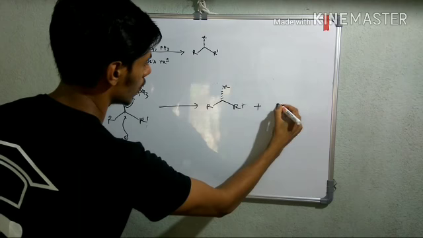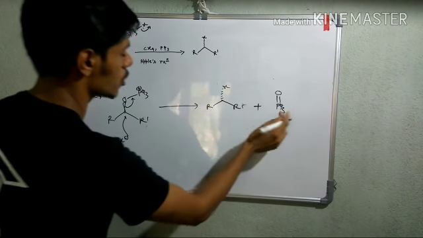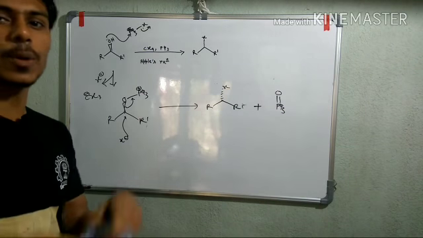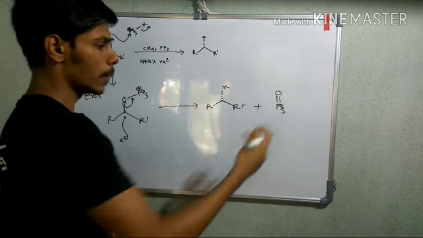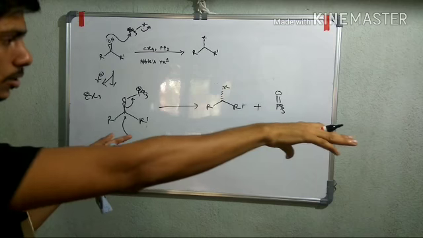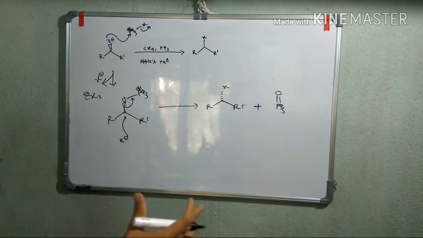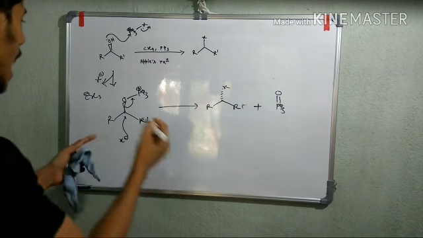As a byproduct you will get triphenyl phosphine oxide, which is the same byproduct as in the Wittig reaction, and you know the P=O double bond strength drives this reaction to the right-hand side. So this is basically the reaction mechanism of the Appel reaction.